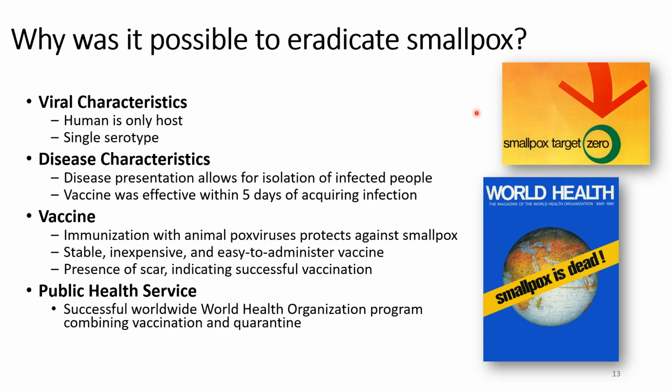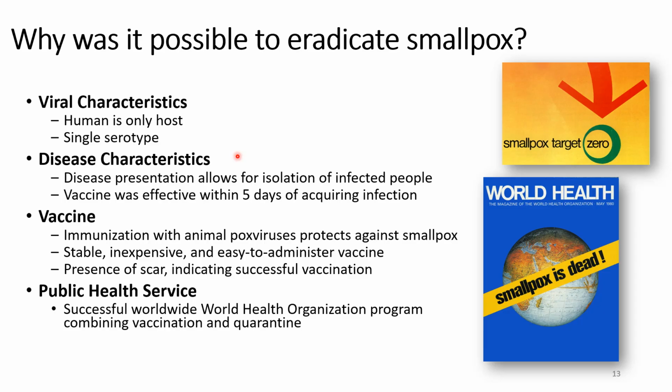Okay, and as you can see here, there was big celebration around the world when they eradicated smallpox. But among the other properties that helped eradicate the virus were the disease characteristics. It was very easy to identify the infected people and isolate them.